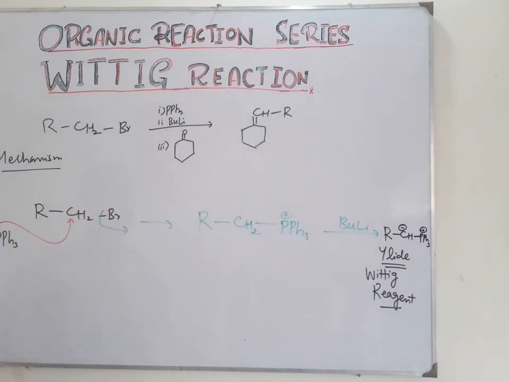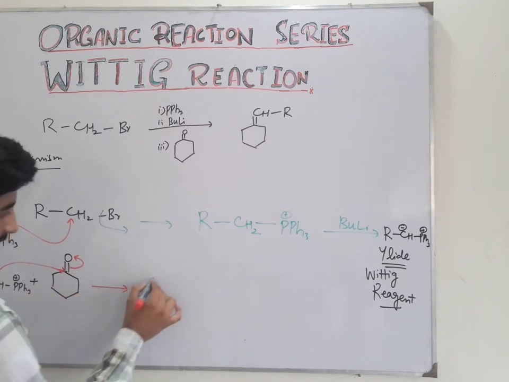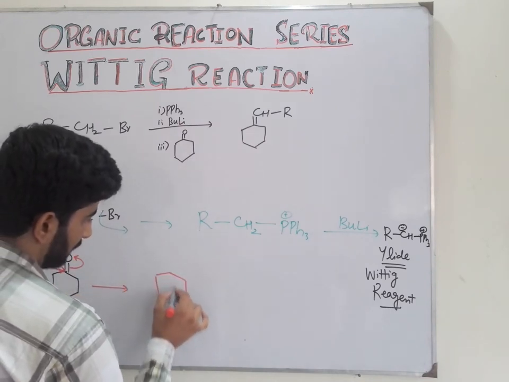In the next step, we have a ketone, and this ylide. The negative charge attacks the electrophilic center, and there is formation of this intermediate.